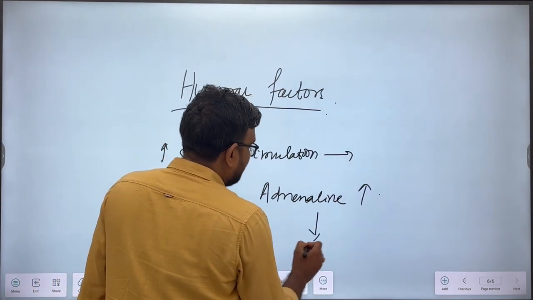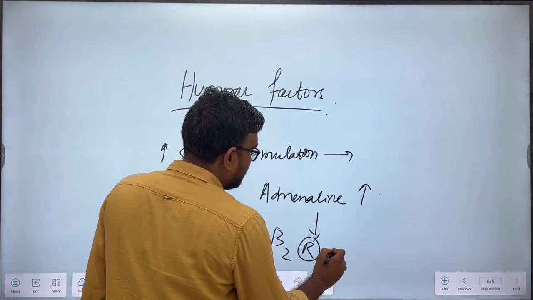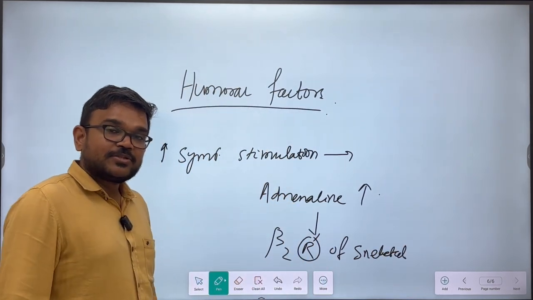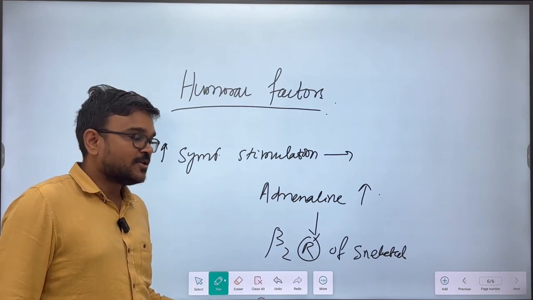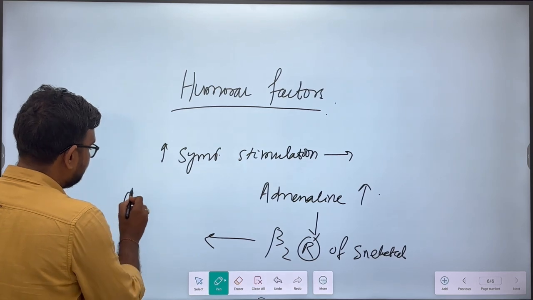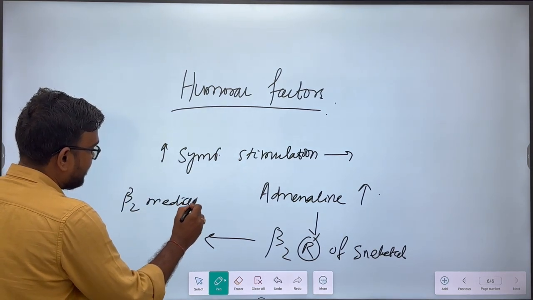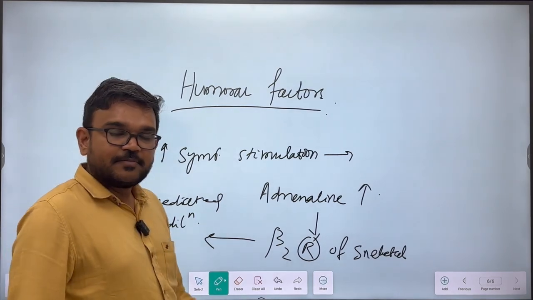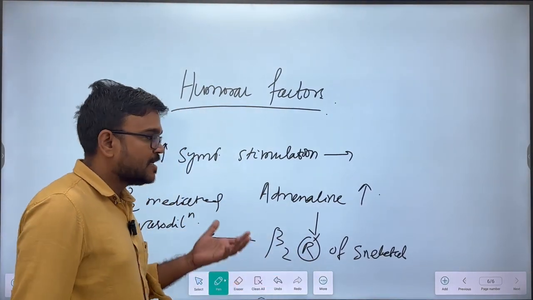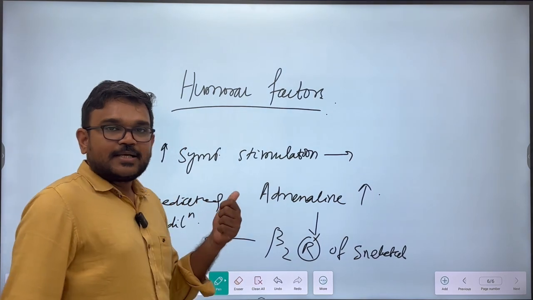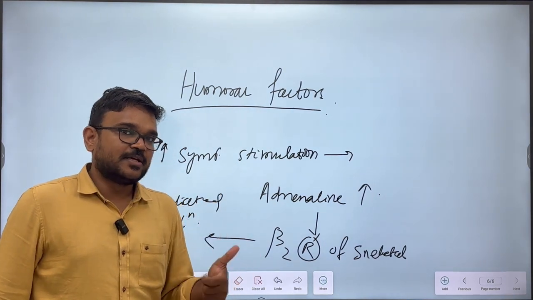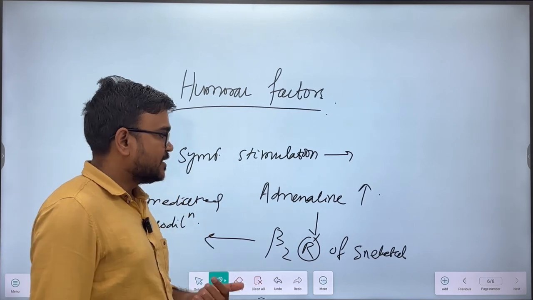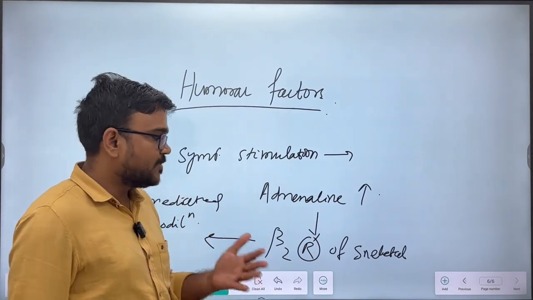That adrenaline acts particularly on beta 2 receptors of skeletal muscles, so beta 2 mediated vasodilation occurs. If beta 2 mediated vasodilation occurs, that causes increased blood flow. So there are local metabolites, which is the chief mechanism for increased blood flow to the skeletal muscles. There are humoral factors, there are neural factors responsible for increased blood flow.